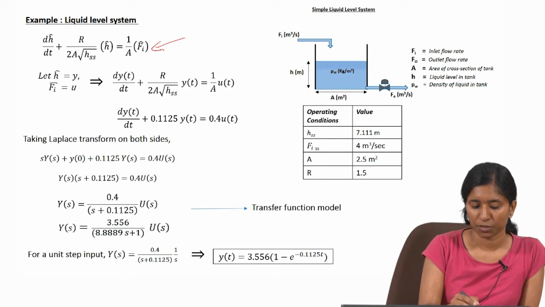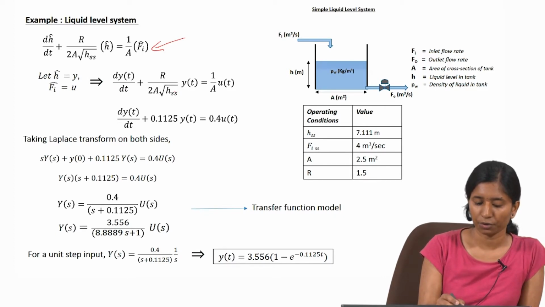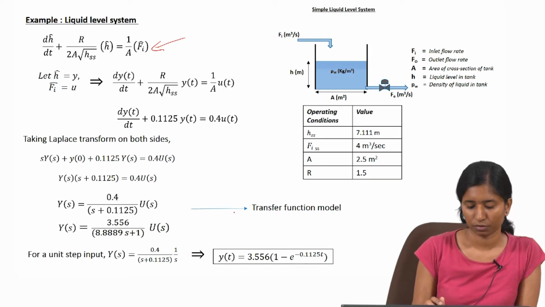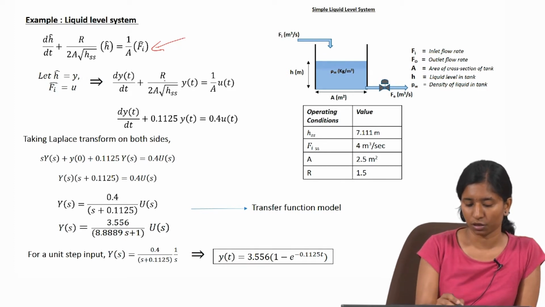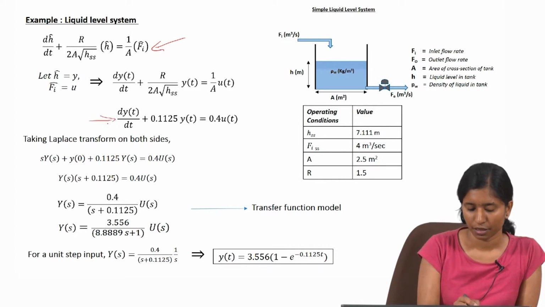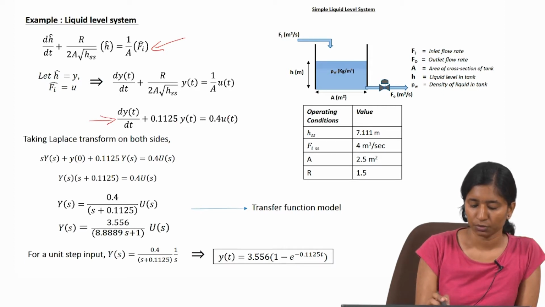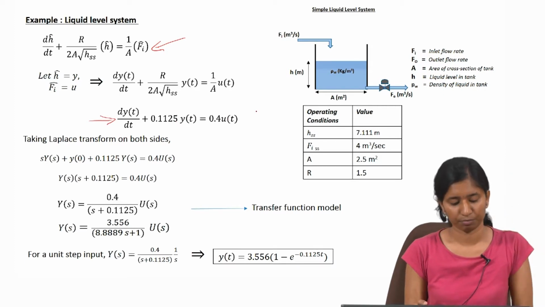So, the expression is dy by dt plus R by 2A into square root of h_ss into y hat of t equal to 1 by A u of t. Once we substitute the values of all these parameters from the table, we will get the equation as dy by dt plus 0.1125 y of t equal to 0.4 times u of t.